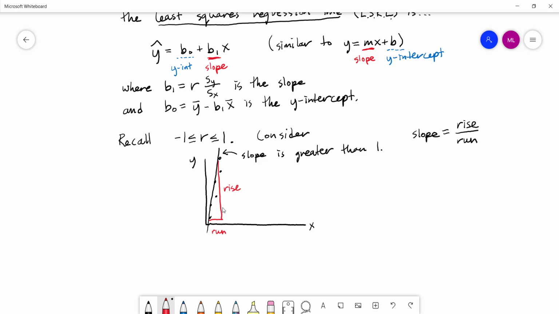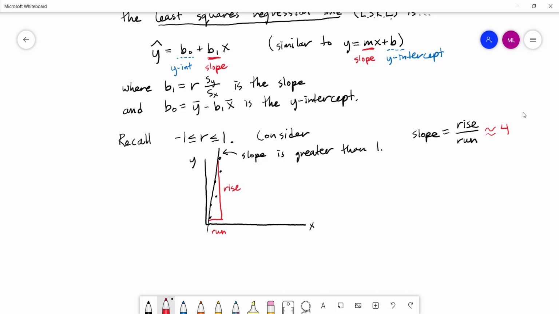In this case, our slope is maybe approximately 4, just ballparking it. So I can't just use r by itself because r tops out at a value of 1. We wouldn't be able to get these slopes that are greater. But that's what the second part does. This sy over sx is going to be what gives us a 4.